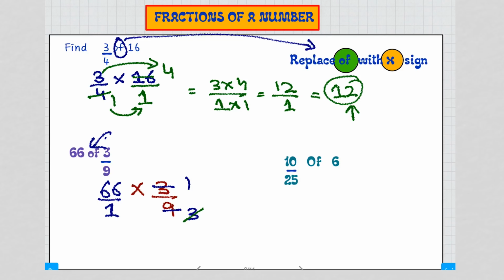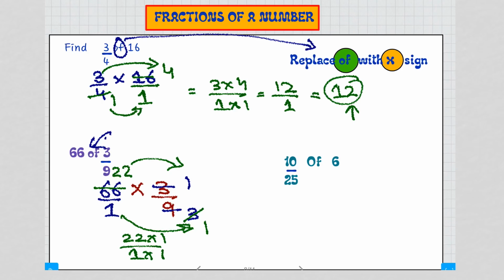Now 3 times 1 is 3 again, and 3 times 22 is 66. The last step now is times numerator with the numerator, denominator with the denominator. So 22 times 1 over 1 times 1, which gives us 22 as an answer.